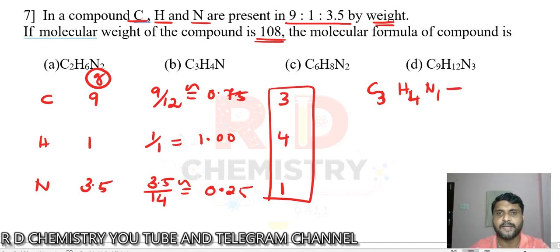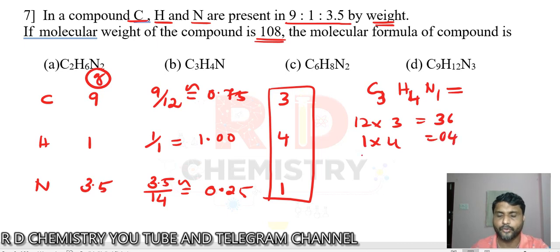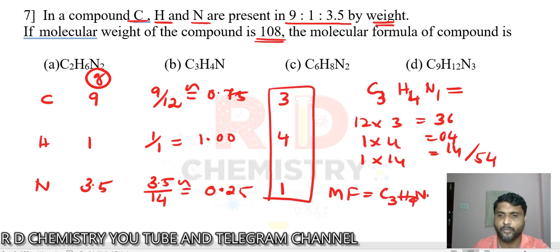Now we calculate the empirical mass. Carbon 12 into 3 is 36. Hydrogen 1 into 4 is 4. Nitrogen 1 into 14 is 14. This gives 54.